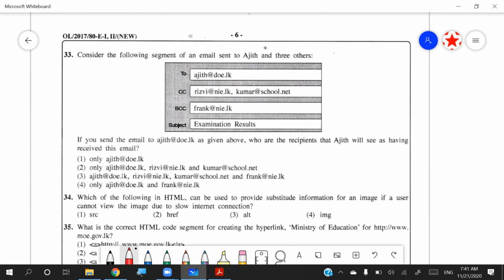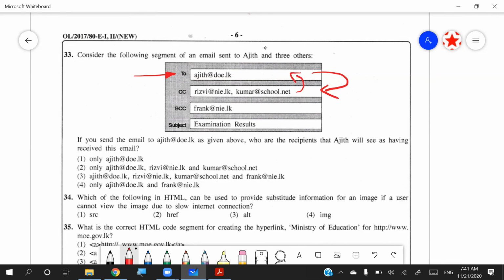Now, what you can see is the main recipient will be written in here. So in this question, Ajit at doe.lk is the main recipient, right? And Ajit can see the CC people as well as CC people can see the Ajit as well, right?